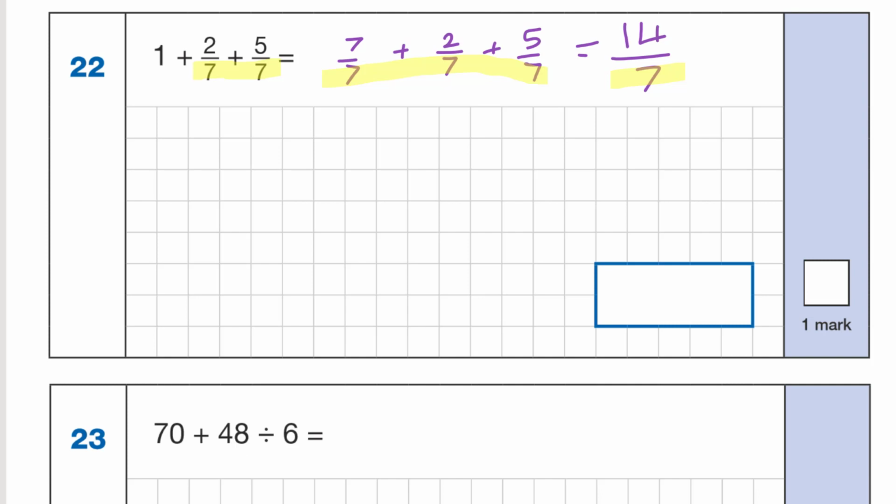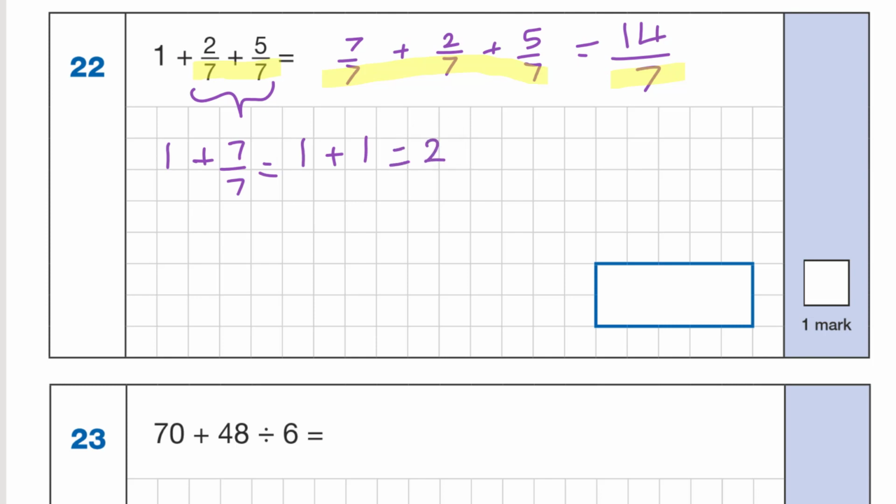But let's just have a look at if we've done it the other way round. If we had just done 2/7 plus 5/7, then we would have had 1 plus 7/7. Either way, we still need to do some changing. But what I might spot with my 1 plus 7/7 is this is the same as 1 plus 1, which just makes 2.